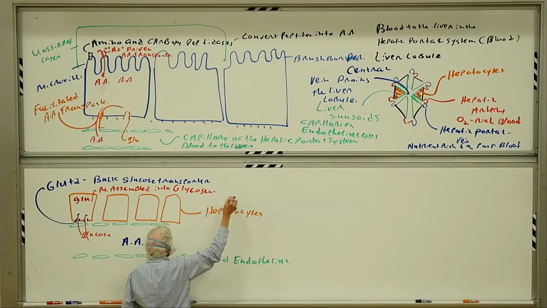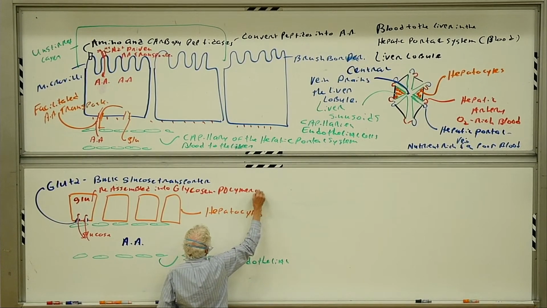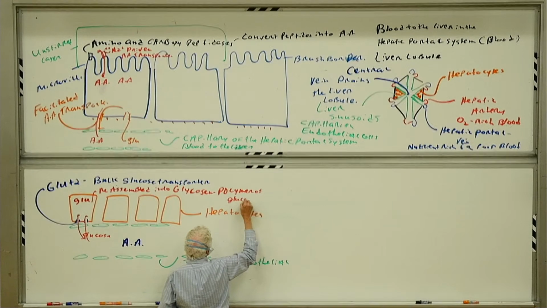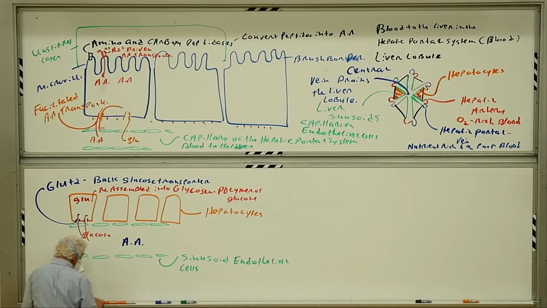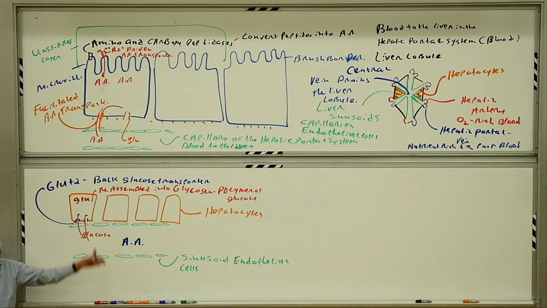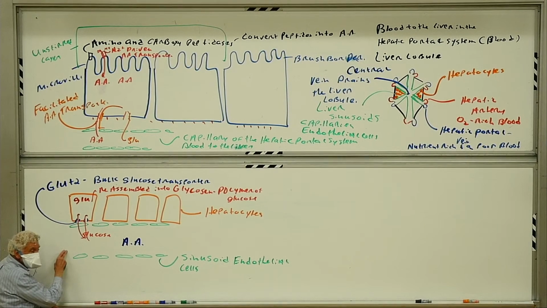Of course, glycogen is a polymer of glucose. So we're taking these glucose molecules, reassembling them with 1,4 and 1,6 linkages. We're making a gigantic branch structure. We're storing glucose in this way. So we can store glucose in these hepatocytes as glycogen.